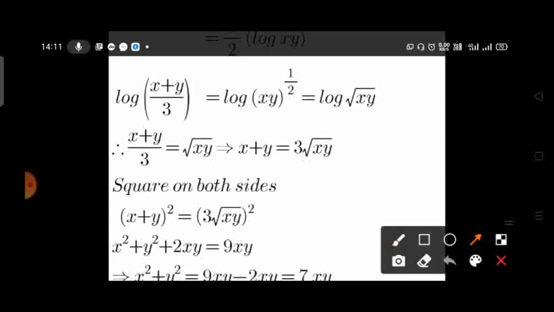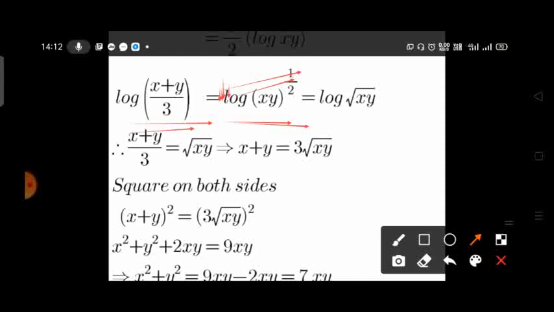Here log of (x plus y) by 3 is the same, no change, but there is a small change here. Actually, half is in the place of coefficient. According to our third logarithmic law, this half will go to the place of power.